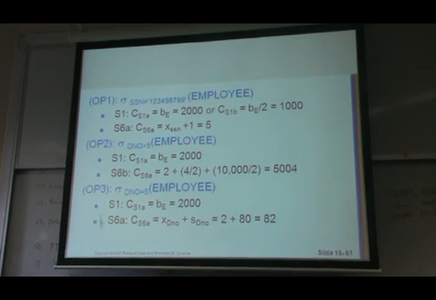Yes, we can do the linear search. What is the cost? Why is it not 1,000? It's 2,000, because it's a range query. So we need to access all the data. So that's the reason it's 2,000.